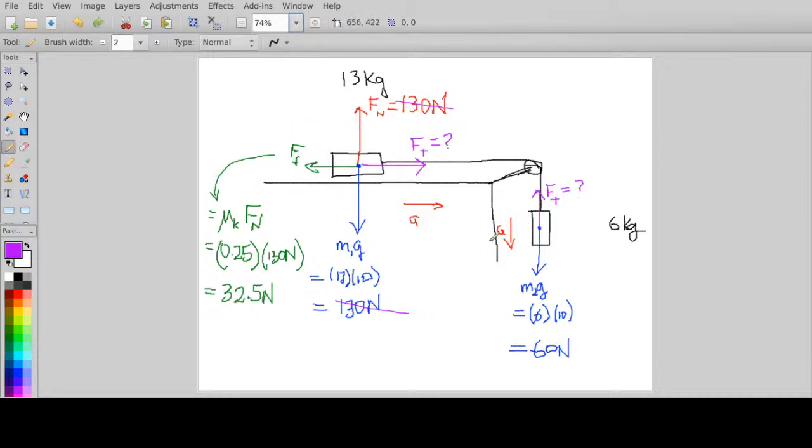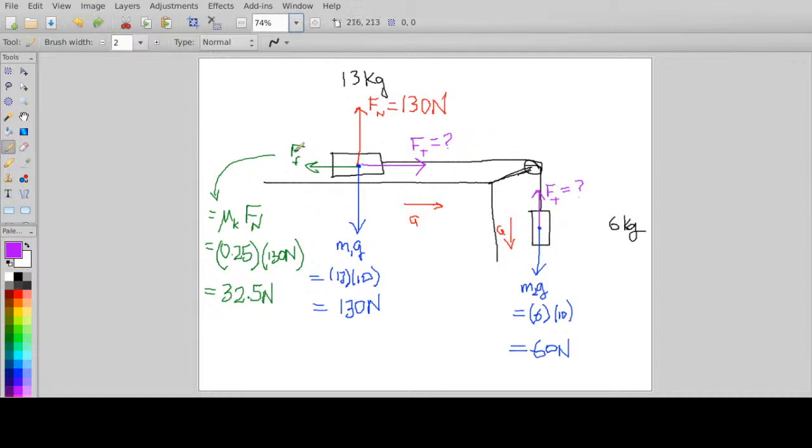And which one has to win? Well, the one that has to win is FT, because if F were bigger, then it would be accelerating that way, right? If the force of friction were bigger to the left than the tension to the right, the force of friction would win and it would accelerate to the left. But it isn't. It's accelerating to the right here like that.